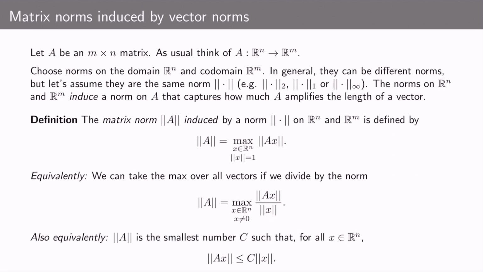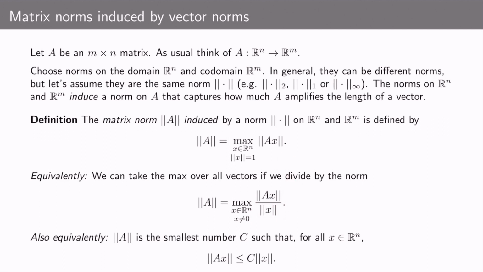There are 2 other equivalent definitions that I'll briefly explain. So I could also take this second definition where I maximize, again, the norm of Ax over choices of x. But this time, my choices of x are going to be any x at all that's non-zero in Rn, not just the ones with norm 1. But to account for amplification that happens in the choice of x, I'm going to divide out by norm of x. This will give me the exact same result as the above.